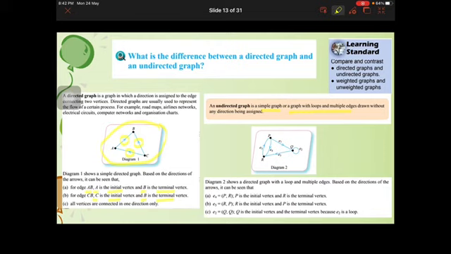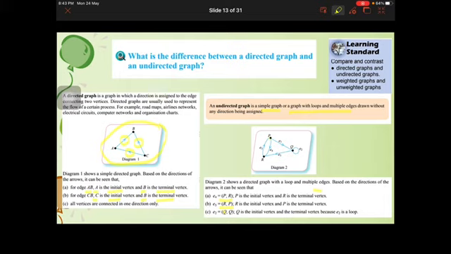So diagram 2 shows a directed graph with a loop and multiple edges. Based on the directions of the arrows, it can be seen that E4 is from P to R, and E5 is from R to P. You see the difference? Just now when we did 3, 7 or 7, 3, it didn't matter because we have no direction.